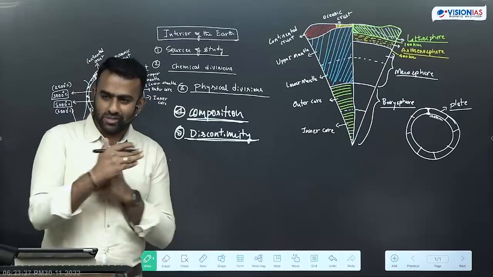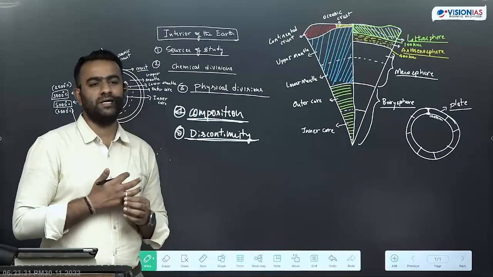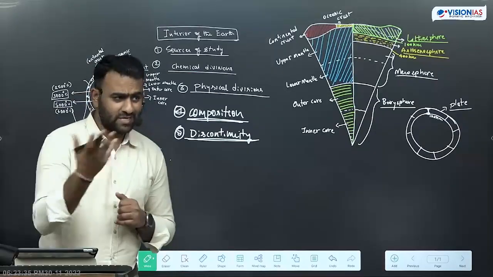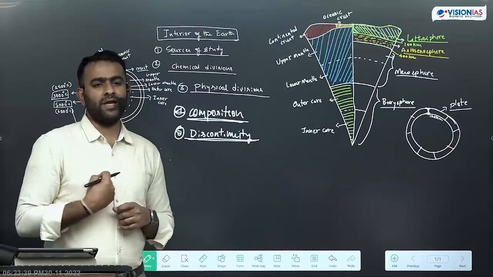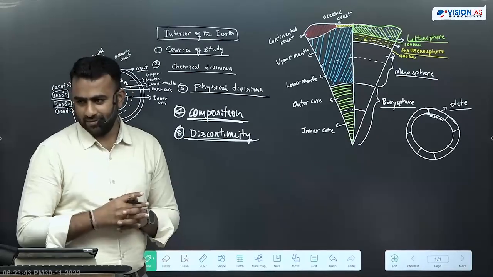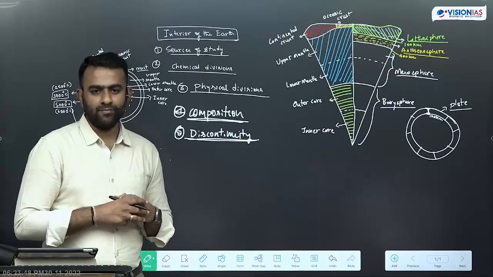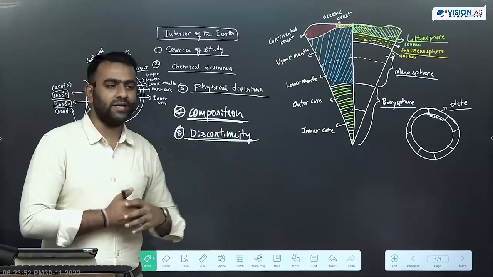That zone where this is suddenly experienced, that is what we call discontinuities. So discontinuities कैसे पता चला? While studying the earthquake waves. When the earthquake waves pass from one layer to another, they change their direction suddenly and change their speed suddenly. So that is one discontinuity zone. Basically, that transition zone between the different layers where the characteristic suddenly changes.